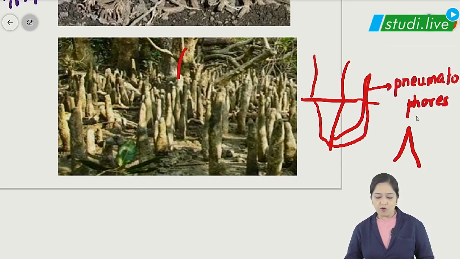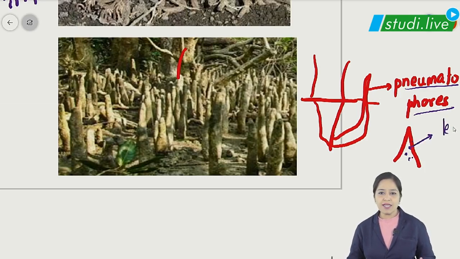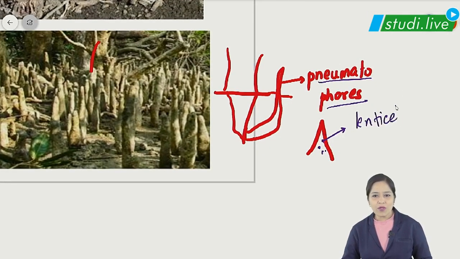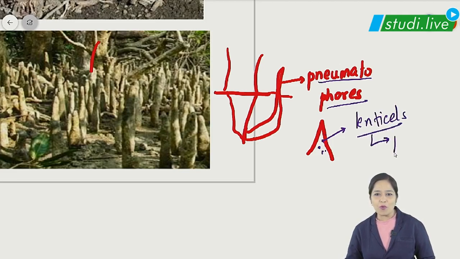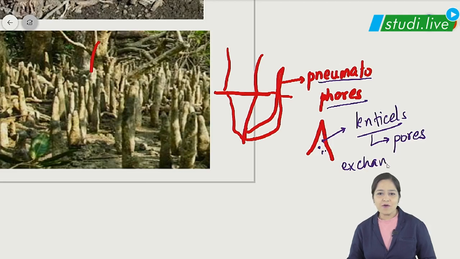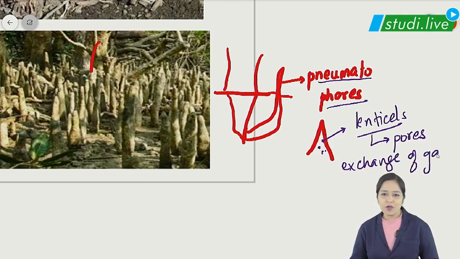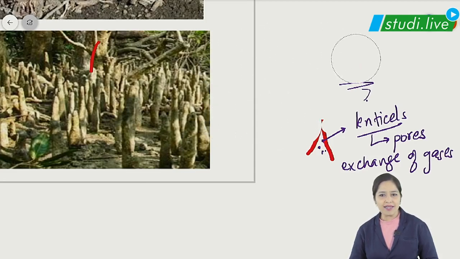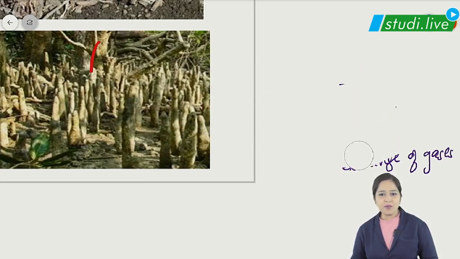Now these pneumatophores have these structures present, which are known as the lenticels, which are nothing but pores for exchange of gases. If we want to see how these pneumatophores grow in plants like Rhizophora, Sonneratiaceae and Heritiera, it is very simple.